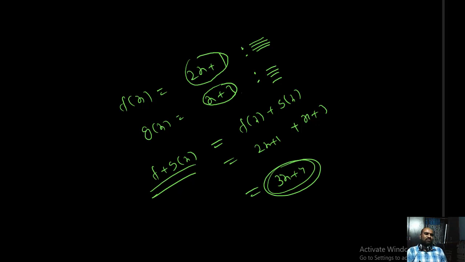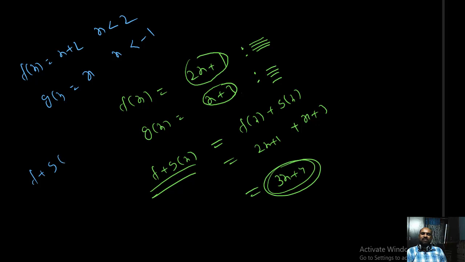For example, the problem is given like this: f of x equal to x plus 2 for x less than 2, g of x equal to some x for x less than minus 1. Then what is f plus g of x?